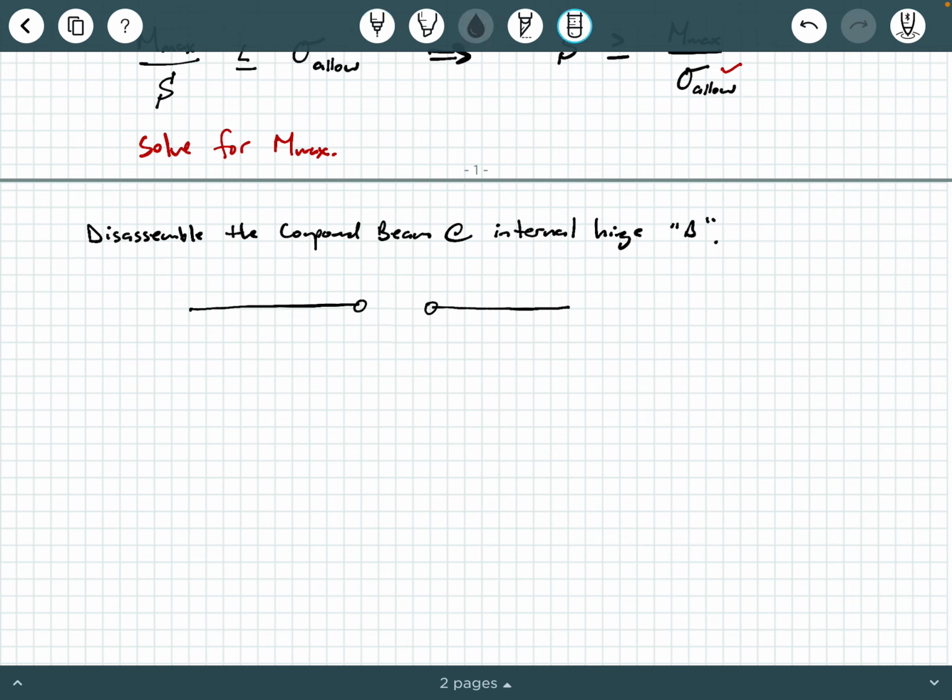I've disassembled it. Let me draw this a little bit better. And at the fixed connection, we have an AY. We have an AX that shows up, and we have a moment reaction that shows up. And then over here, we're going to have a BY. We're going to have a CY. And we can draw a BX going in both directions here, and a BY on this side of things.